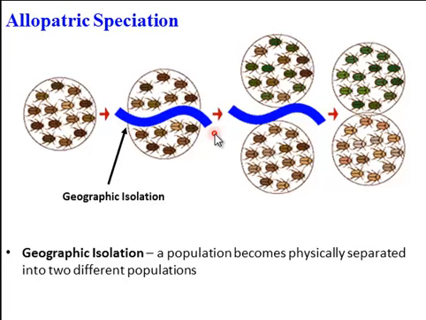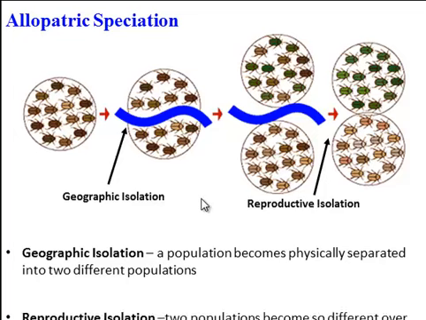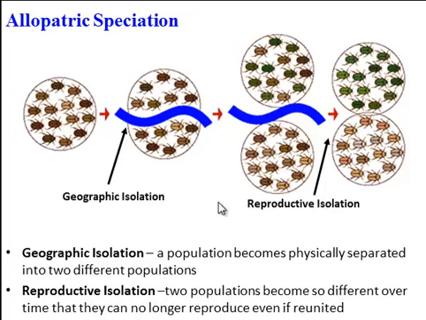This could be a mountain or a lake or a volcanic eruption that creates a huge ravine, something that separates them from actually interacting. And geographic isolation can then become followed by reproductive isolation. And this is where one or more of those mating barriers that we just looked at starts to develop. And this is usually because the two environments are different and are selecting for the evolution of different traits.